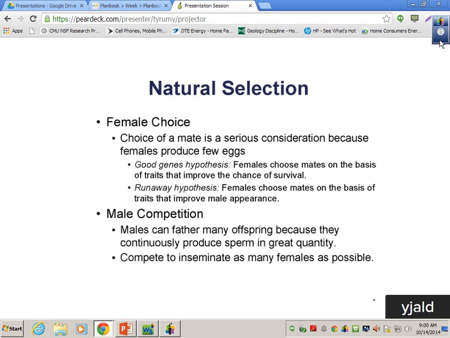And then there's the male competition, which we've referenced. Males can father many offspring because they continuously produce sperm in great quantity and compete to inseminate as many females as possible. So right now, there's a good example of this going on. We have our deer, which we talked about, right?